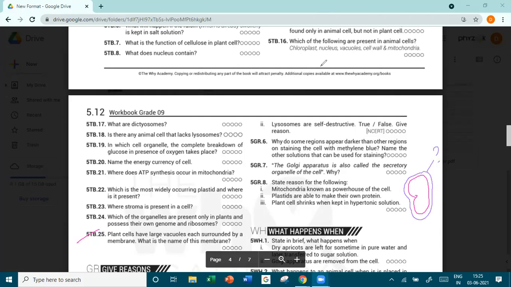Okay, I have one answer. Yes, Suhani, that's correct. What about the others? Do you all remember the name? Can take a guess. Okay, so the membrane is called tonoplast.